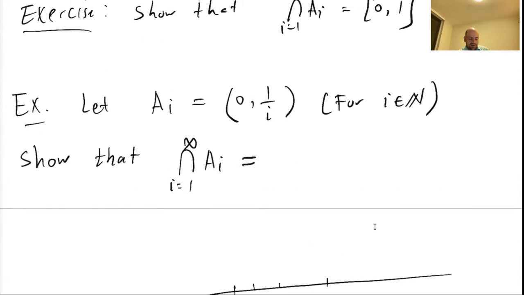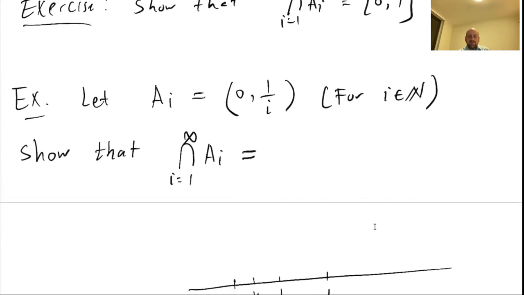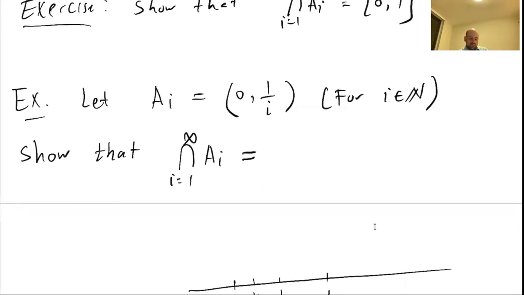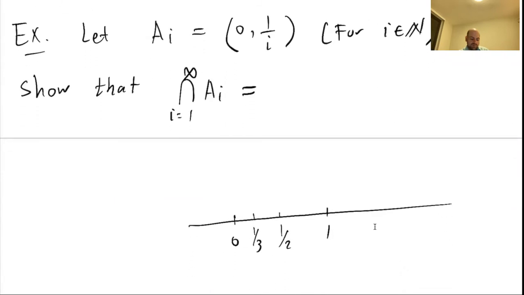Now let's look at the sets that we have. A_I is from 0 to 1 over I. So A1 will be from 0 to 1. A2 is from 0 to 1 over 2.